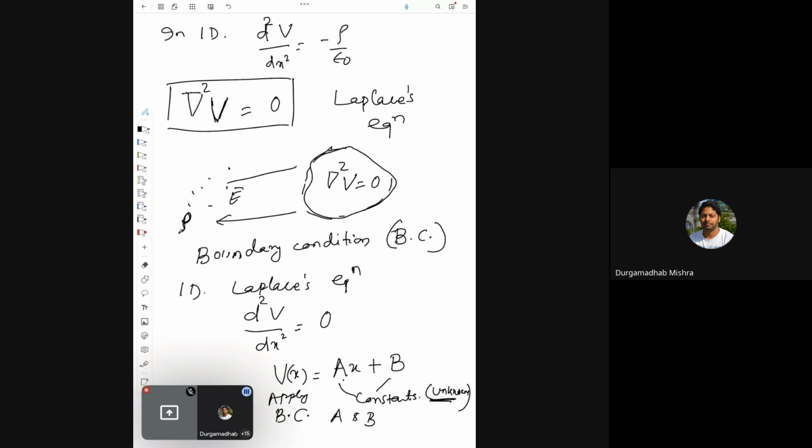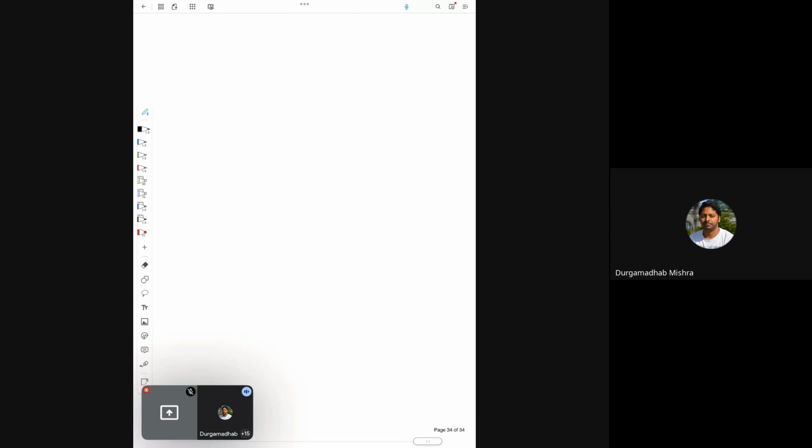So we will use this in a very interesting scenario, or interesting case, which we call a spherical capacitor. There are several examples of how you can apply this technique to calculate the potential due to a charge distribution using Poisson's equation and Laplace's equation.